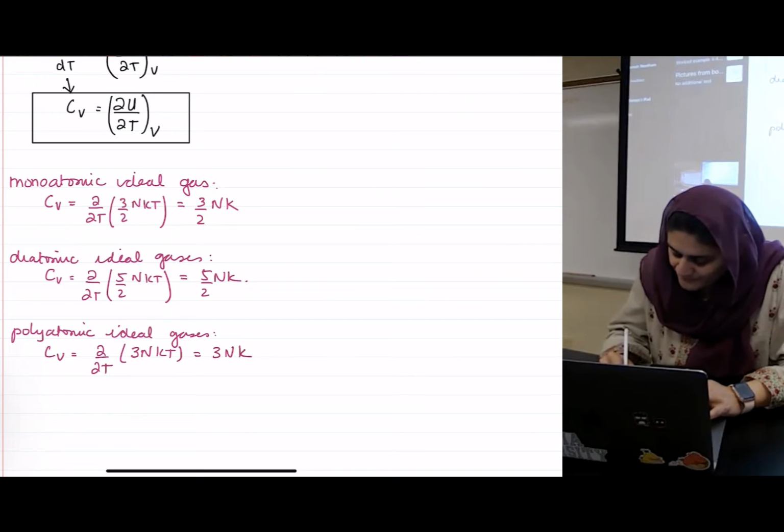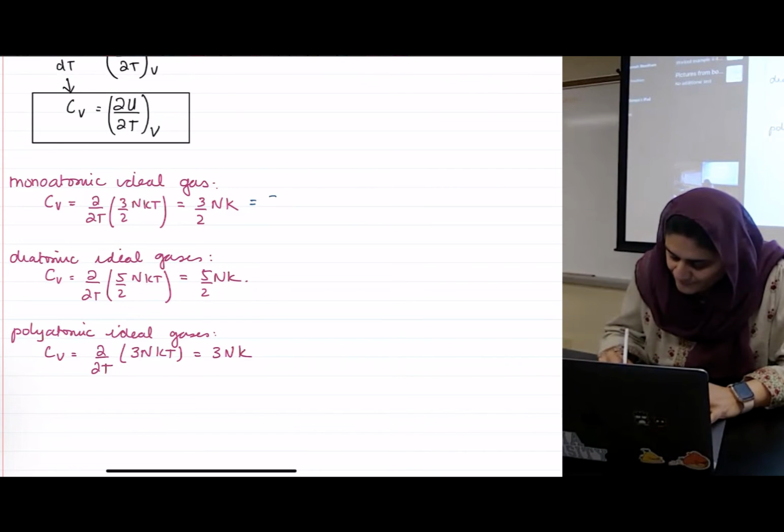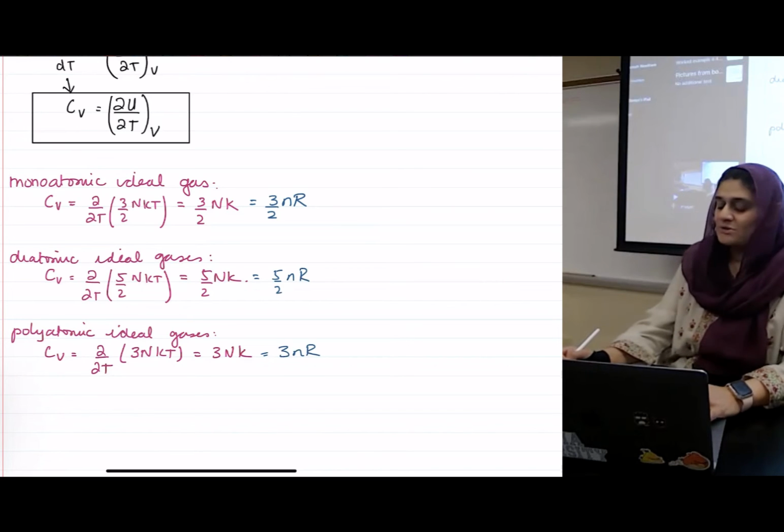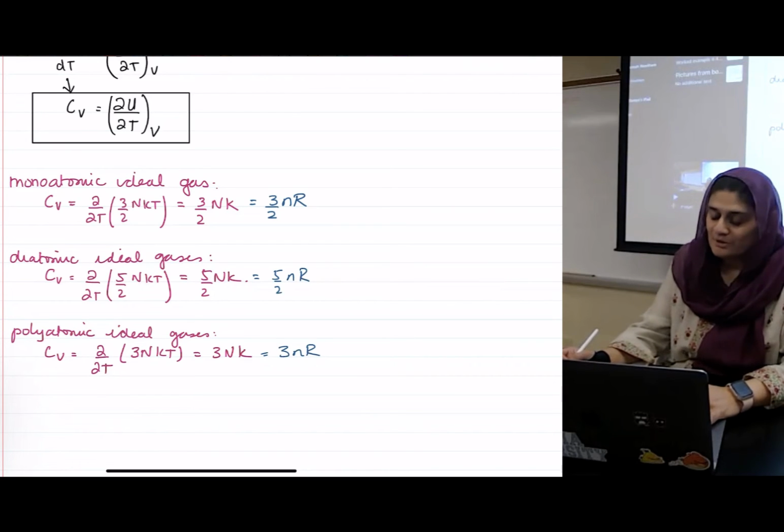Or we can also rewrite this as 3/2 NR, 5/2 NR, or 3 NR. Done.